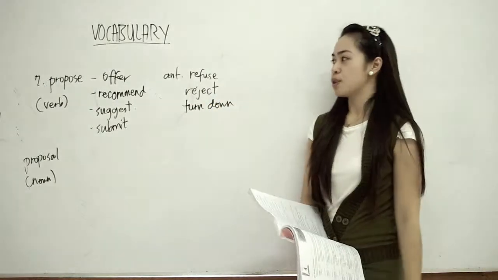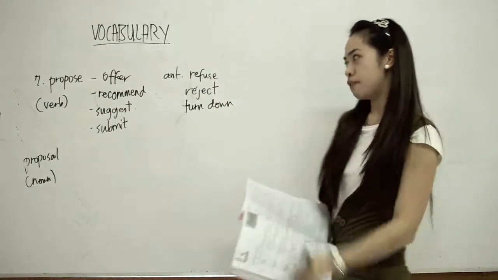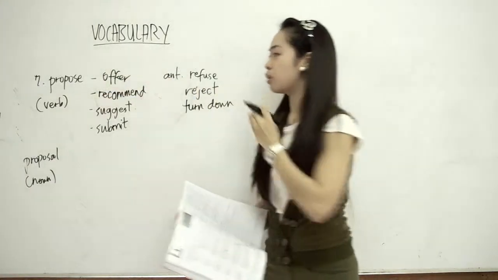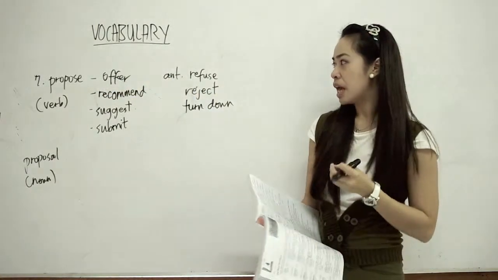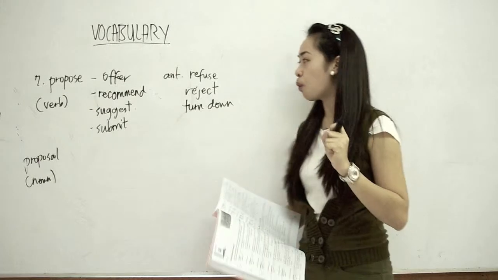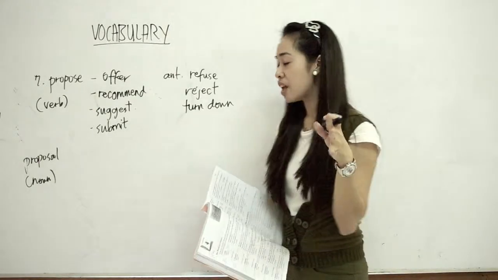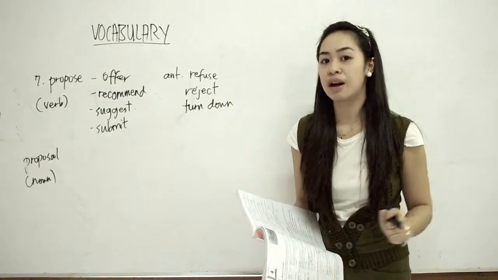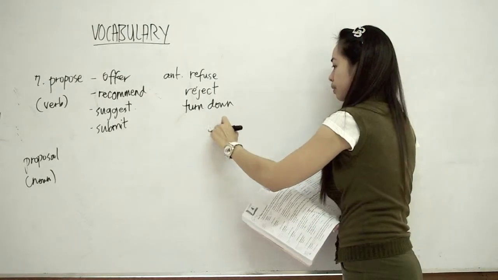So for example, if you gave an offer to a person and the person didn't receive it, or the person tried to reject it, then that means you were turned down.